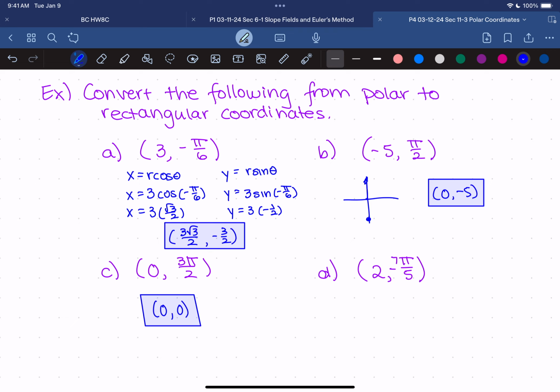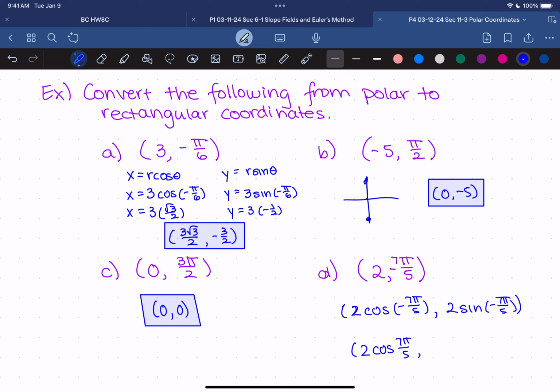And then for part D, I'll have to use a calculator here or just leave it in terms of sine and cosine. So the x-coordinate is r cosine theta and r sine theta. Because cosine is an even function, we know cosine of a negative angle is cosine of the positive angle.